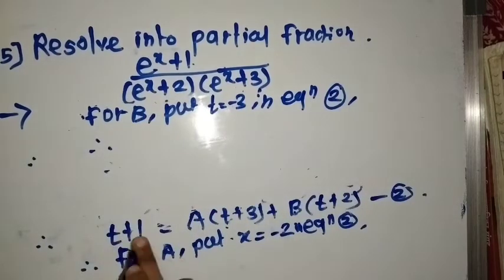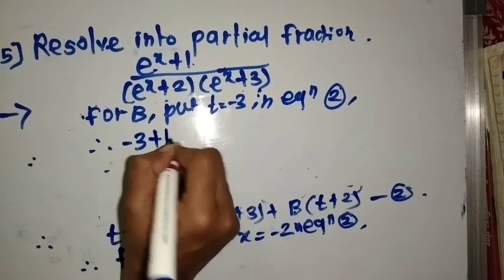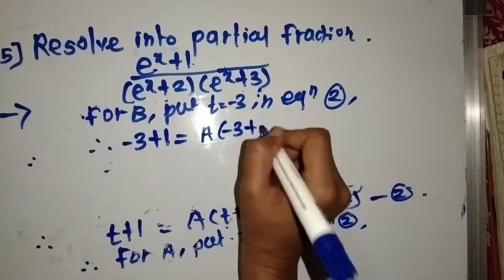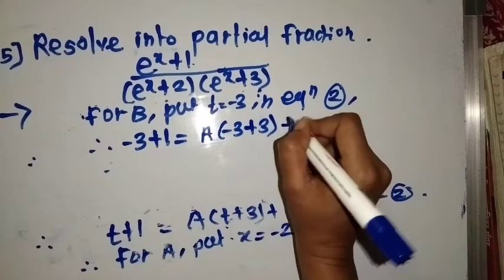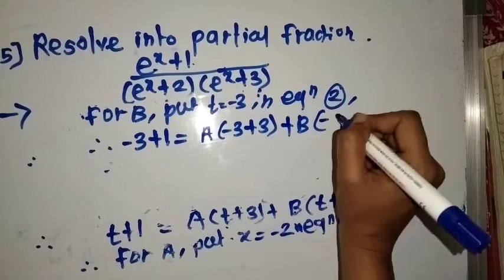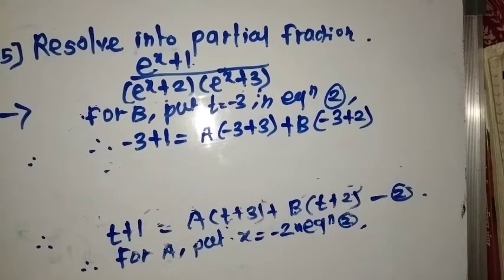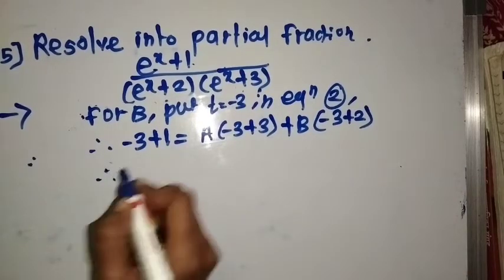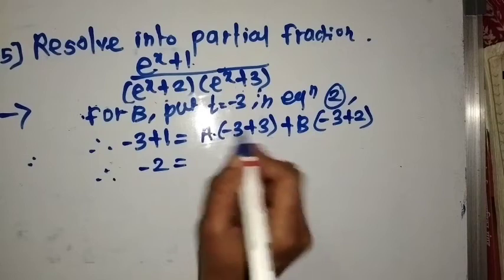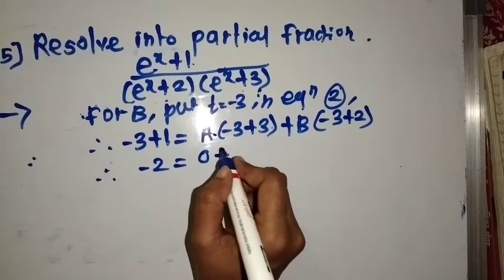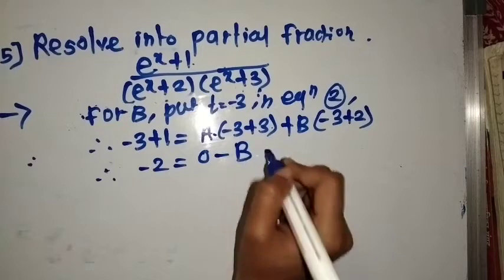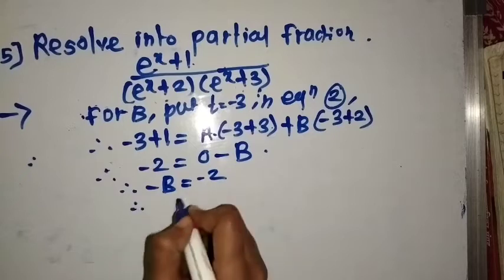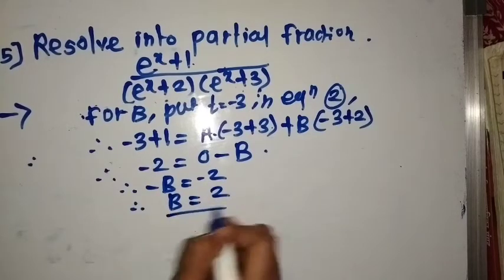Hence we put minus 3 plus 1 is equal to a into minus 3 plus 3 plus b into minus 3 plus 2. Hence we get minus 3 plus 1 is minus 2, a times 0 is 0, and b means minus b. Hence we get minus b is equal to minus 2. Hence we get b is equal to 2.